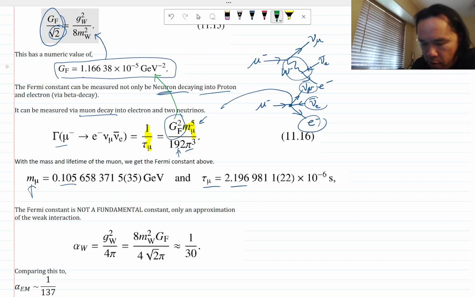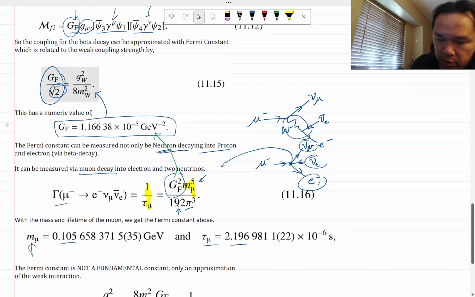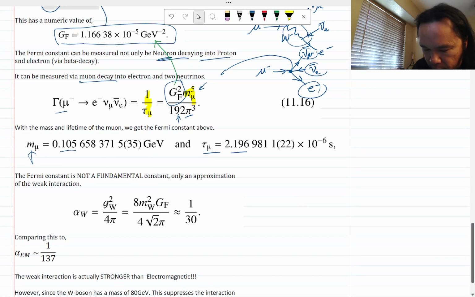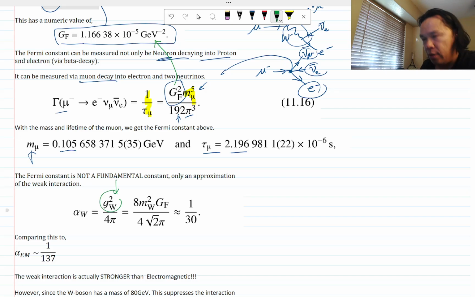With this relationship between G Fermi and the weak interaction, and if you know the mass of the W boson, you can also calculate the weak coupling constant, g_W. In fact, we're going to calculate g_W squared divided by 4 pi, which is equal to alpha W, the weak coupling constant, and compare this to the electromagnetic one.